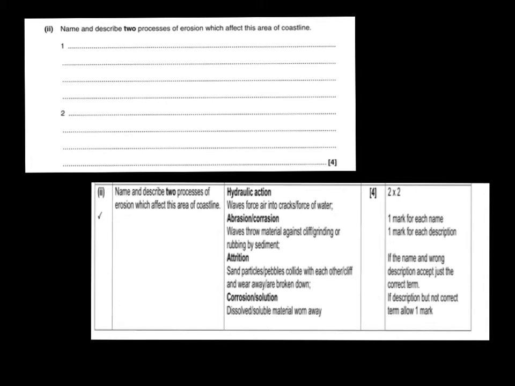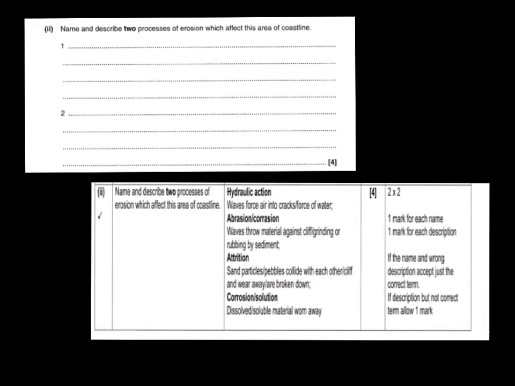So it could be hydraulic action. This is interesting. It's using the more detailed definition of hydraulic action, which is probably appropriate for a higher tier paper. So it's asking for waves forcing air into cracks, the force of the water widening the cracks. If you're talking about abrasion, then it's when the waves are throwing materials against the cliff, grinding or rubbing the sediment against the cliff.